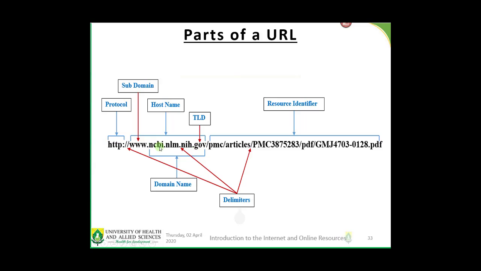That's the National Center of Biotechnology at the National Library of Medicine, which is a branch or agency of the National Institutes of Health of the United States government. All right. Now, these delimiters actually show you the groupings of what I will describe as folders. You see, on our main computers or our client machines, we also create folders.